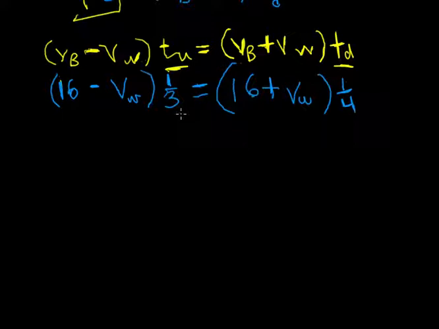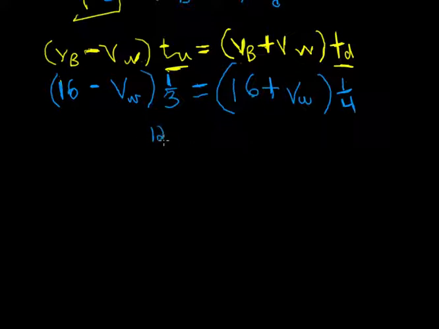And so the common denominator would be 12. So I would need to multiply this side by 4/4, or multiply it by the 12 completely.